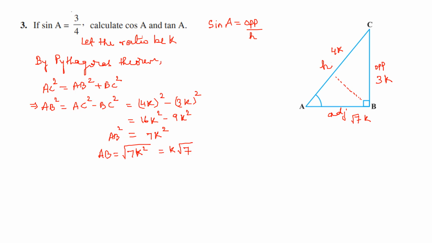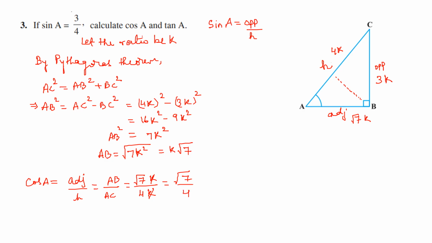Both are same thing. Now let's find the value of cos A. Cos A is adjacent by hypotenuse. And what is the adjacent? Adjacent is AB. AB by AC. Your AB is root 7k and AC is 4k. k and k cancel. So you will get root 7 by 4.